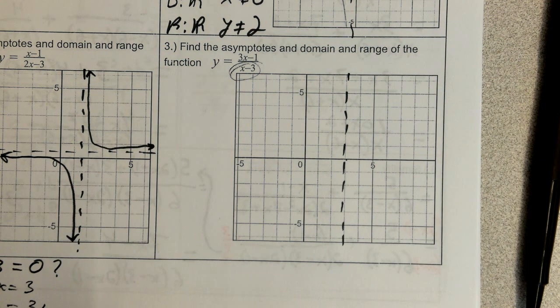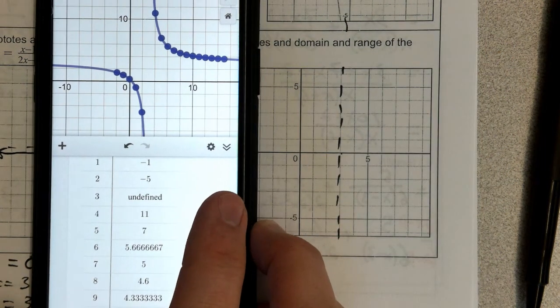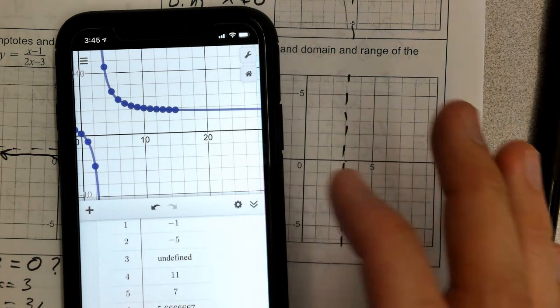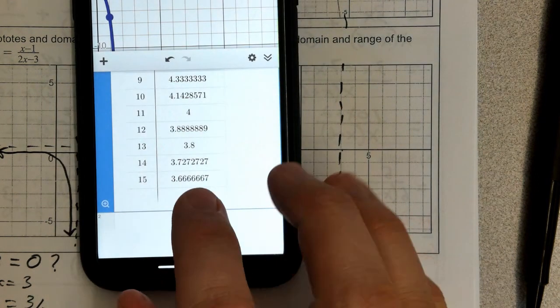We look at the graph of this function. We want 3x minus 1, and then x minus 3. Okay, so here's our graph, and if we look at the graph, we can see that there is a horizontal asymptote, obviously. And again, looking at larger and larger numbers for x, we can kind of figure out where that is.